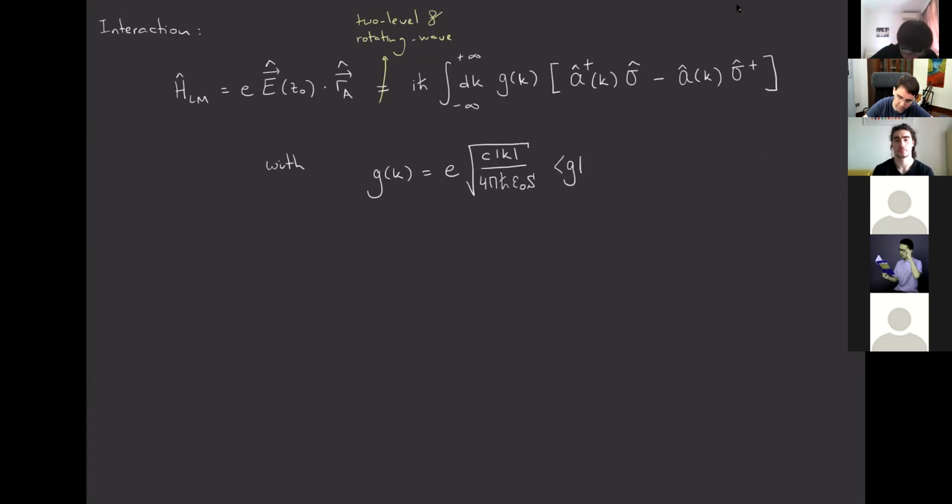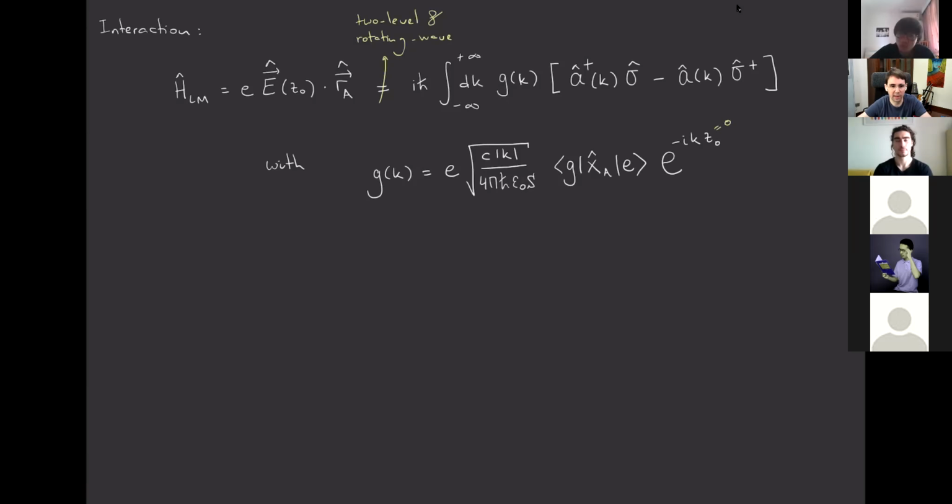Then we have the matrix element between the ground and the excited state. So the dipole moment matrix element of the relative coordinate in the x direction, because the field is polarized along the x direction. Otherwise, it's whatever combination you get. And then we get also the shape of the mode k, which is just this plane wave at the position z0. And just for simplicity, we are going to take z0 equals 0.